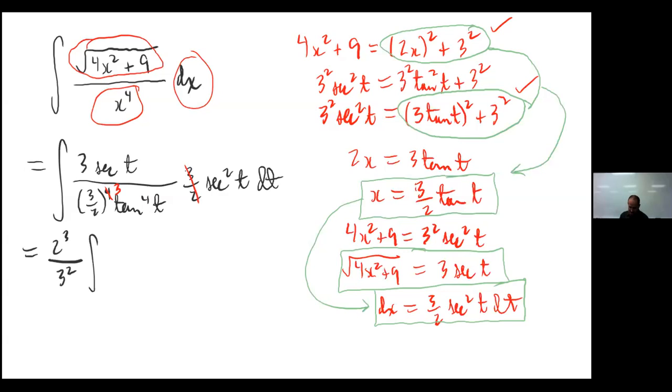And now it's going to be the integral of what? Secant cube t over tangent to the 4th of t dt.